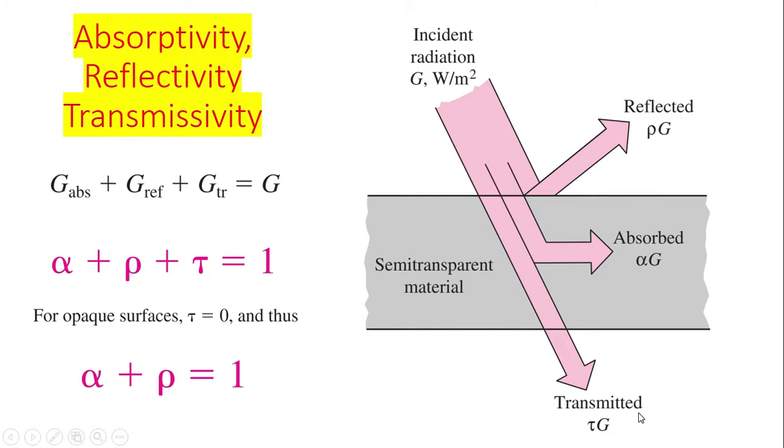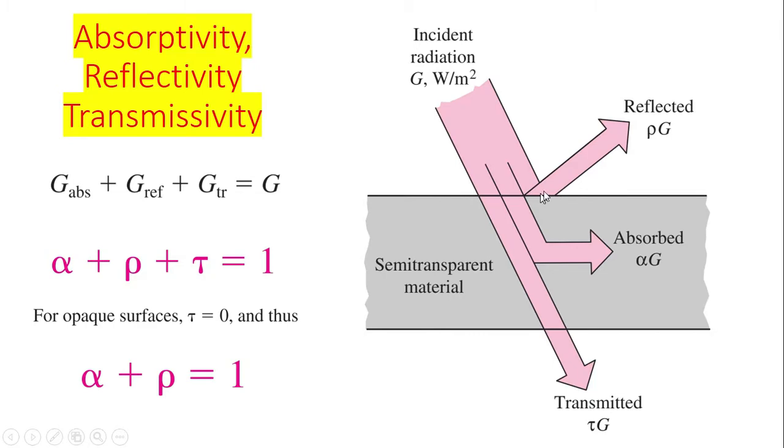So a part of this incident radiation flux will pass through this semi-transparent material, a part will be absorbed by it, and a part will be reflected back in another direction.